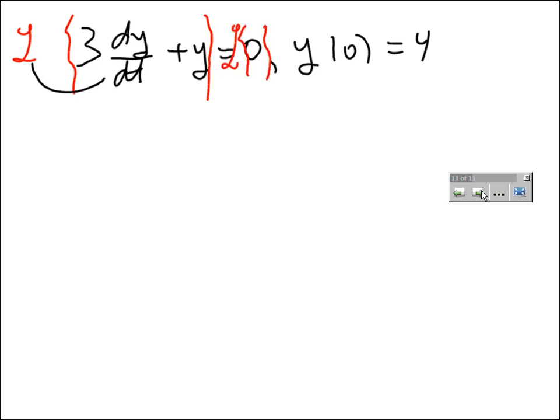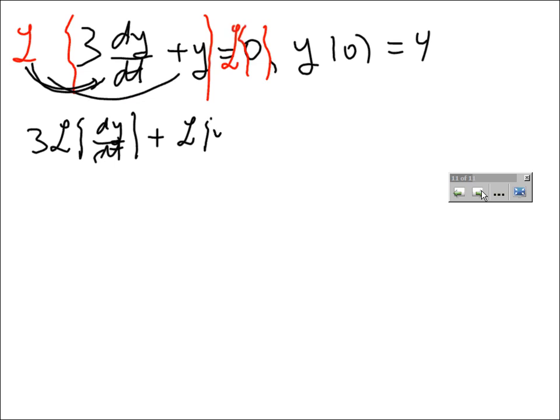So distributing and factoring out constants, L of 3 times dy dt is 3 times L of dy dt plus L of y. And the right hand side is 0. We just proved that L of 0 is 0.